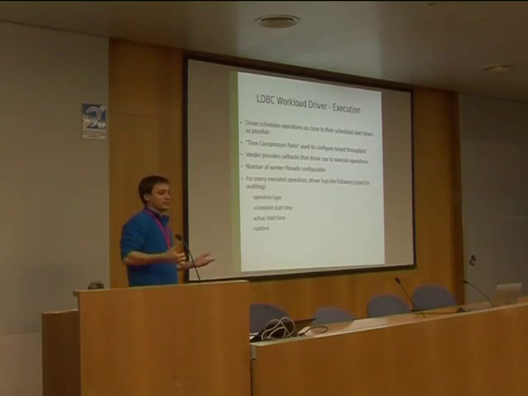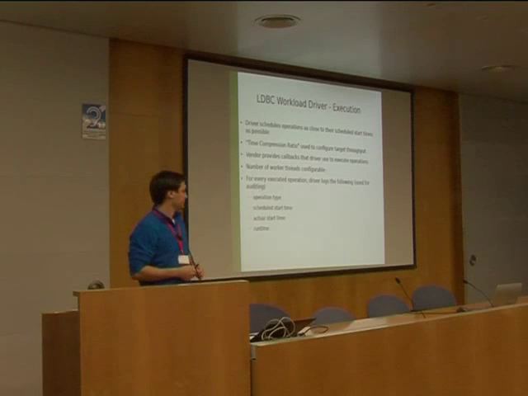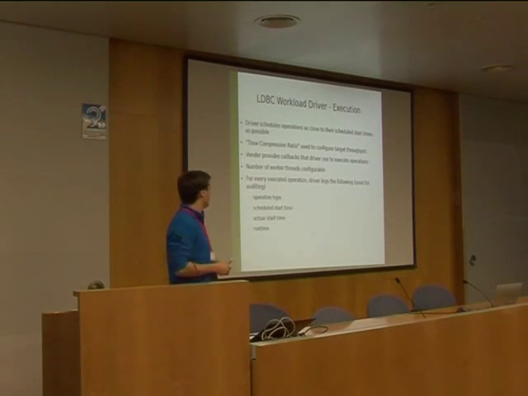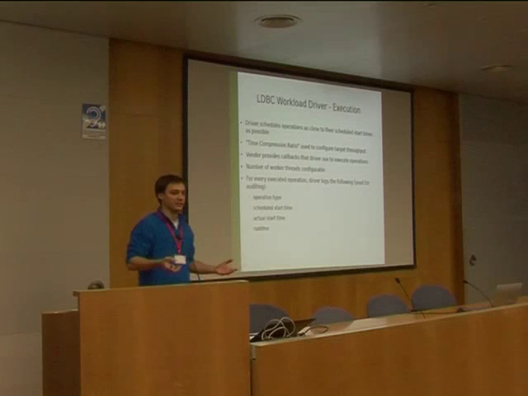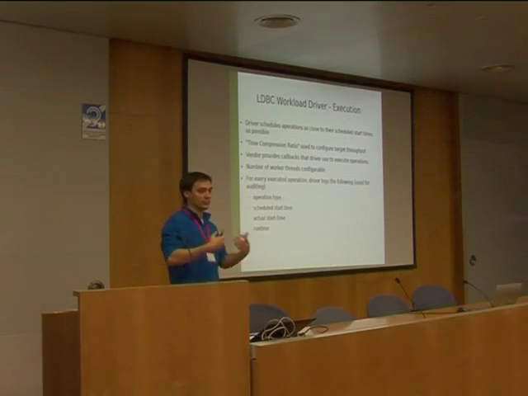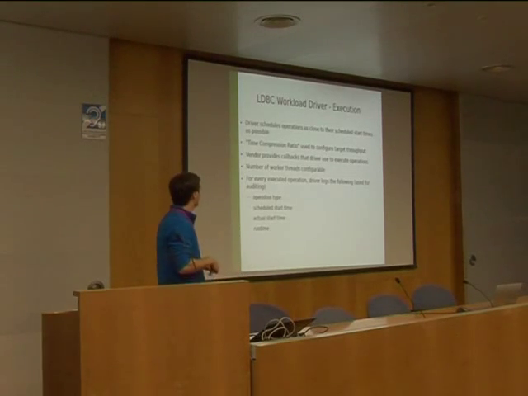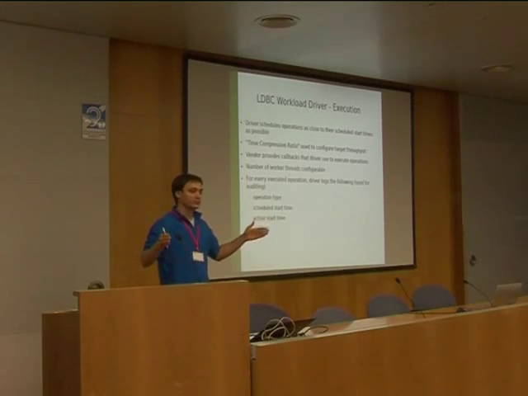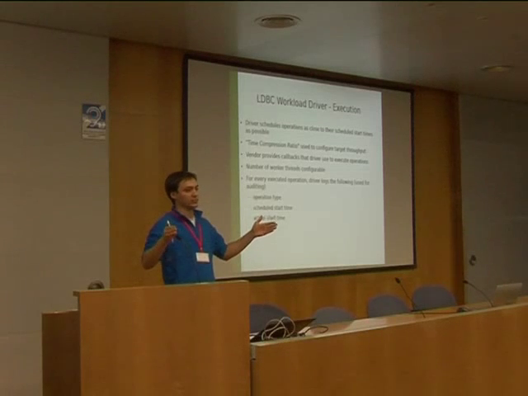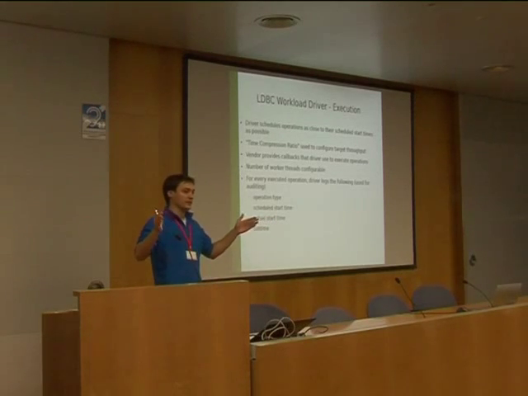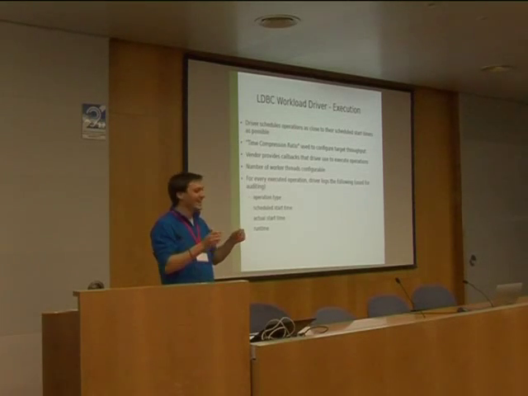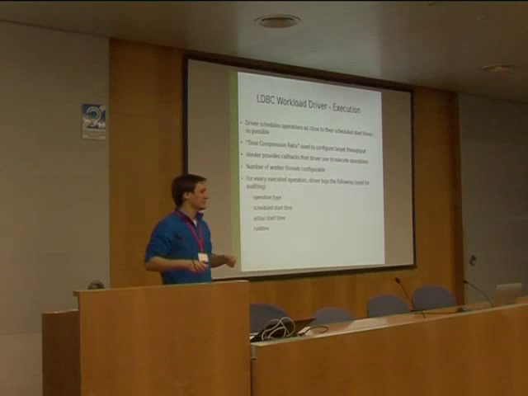Then for those systems that might be too powerful for a given data set or not powerful enough for executing a given workload, we have introduced what we call the time compression ratio. Given a workload, which is specified in simulation time, we can shrink it, or stretch it, to put more or less pressure on the system under test.